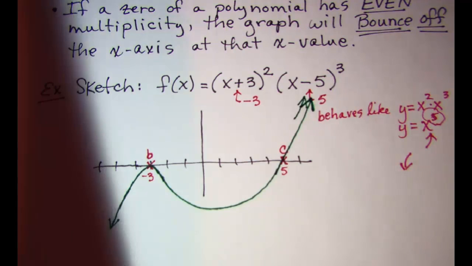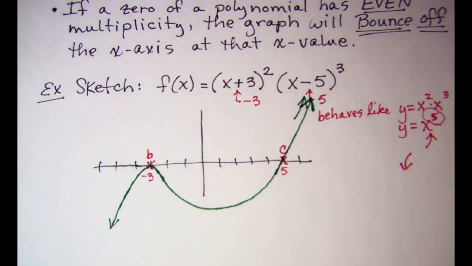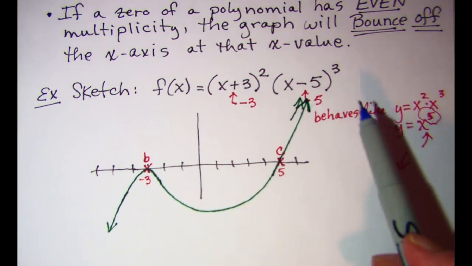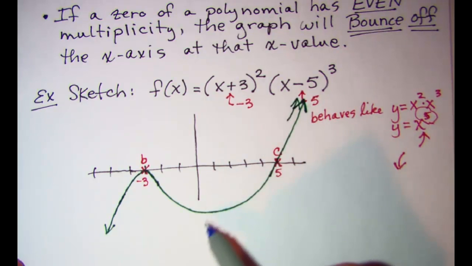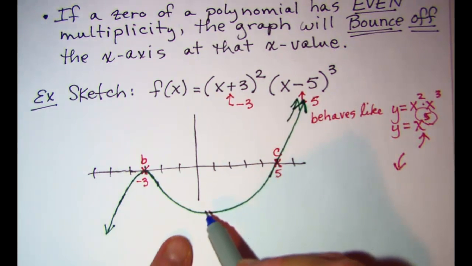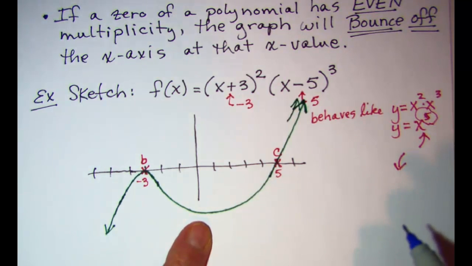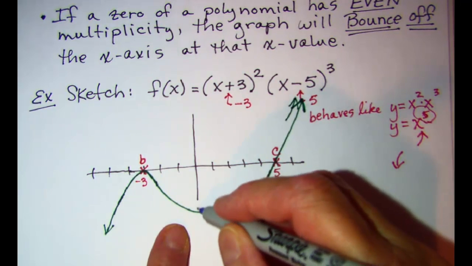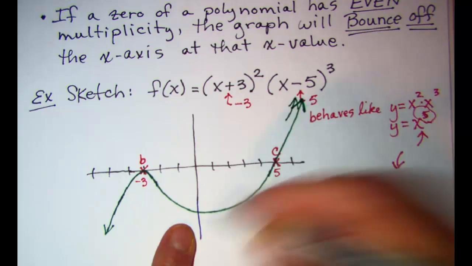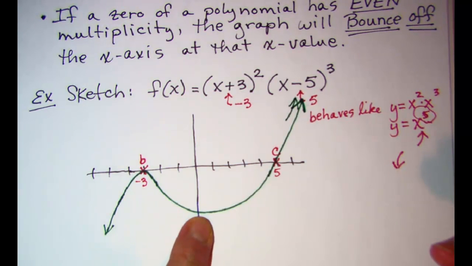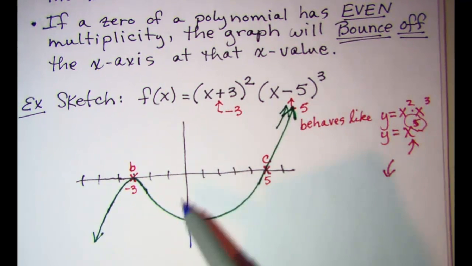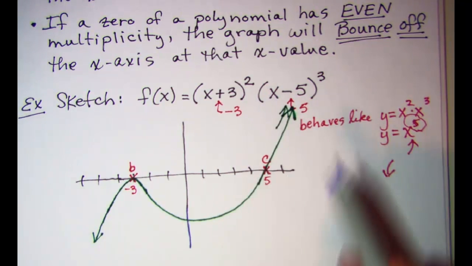Now I want to point out that whenever we're sketching our graph and we're looking at zeros and end behavior, I'm not indicating any place on the graph where this crosses my y-axis. We know it's going to cross the y-axis, but I'm not showing any number for that point right there. I could find it by putting x equals 0 into my equation and working it.